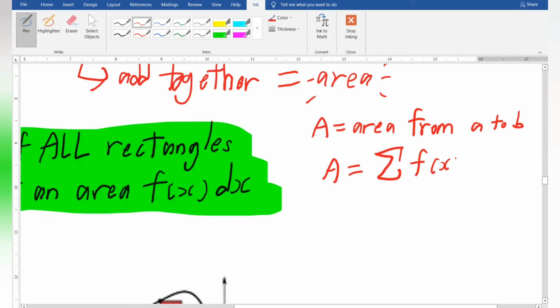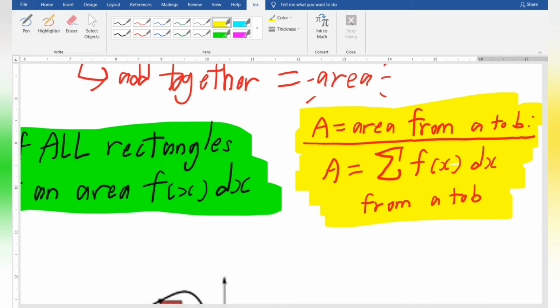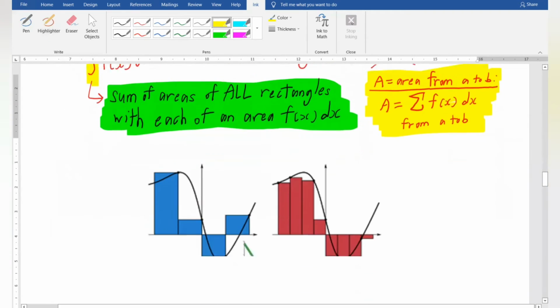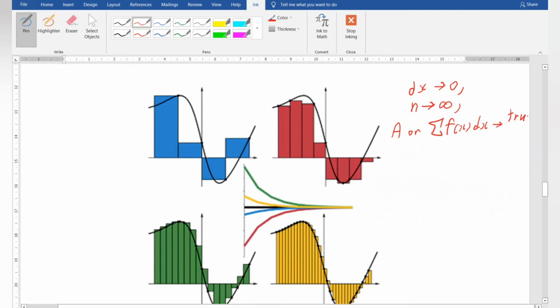As a result, the area under the curve modeled by multiple tiny rectangles A will be equal to the summation of f(x) times dx. The smaller the width of the rectangle, or the more rectangles we use, the closer the approximate value of A to the actual area under the graph, as shown in the picture.